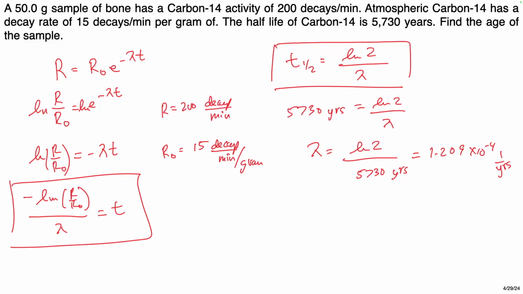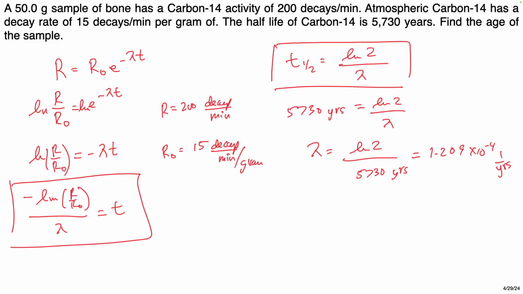So, how do we get them to be the same? There's one number we haven't used yet. The 50 grams, right? So, I could either take my 15 decays per minute per gram and multiply by 50 to get rid of the grams and end up with the rate that it should be if I had 50 grams of the material, right?